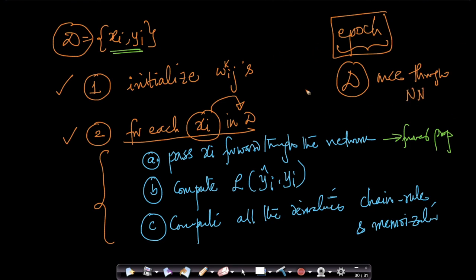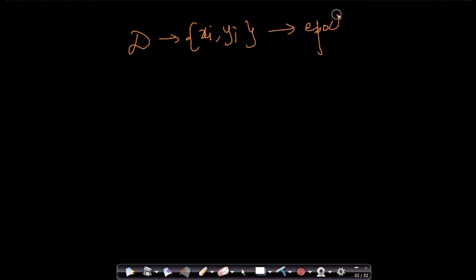If you pass all the points in your data set D, which consists of xi's and yi's, once through the network, it's called an epoch. If you pass them, let's say, 5 times through the network, it's called 5 epochs.